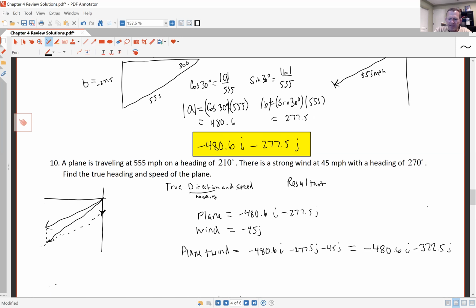Now the true heading, now that we know the resultant vector is left 480.6 and down 322.5. We want to know the length of this vector. So for the speed of the plane, the heading of the plane, theta reference is going to be found by using an inverse tangent.